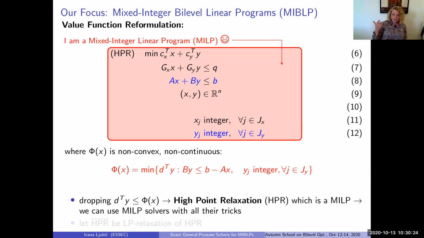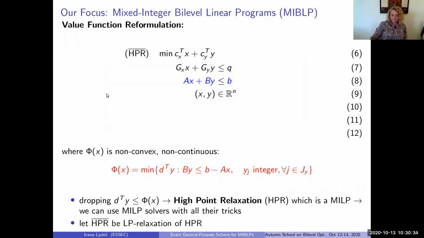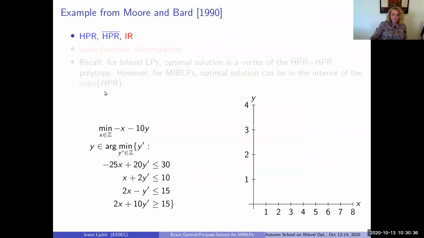There are some twists, some counterintuitive elements that you have to keep in mind when developing algorithms for bilevel MIPs. Okay, so let us start developing a little bit of intuition for these problems by looking into an example of Moore and Bard, who were the first ones to introduce bilevel optimization with discrete variables.